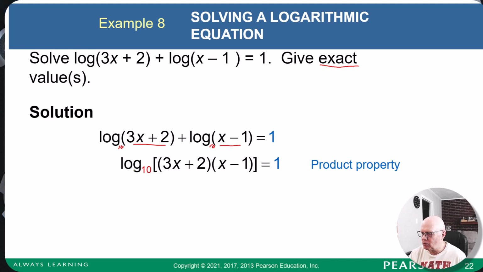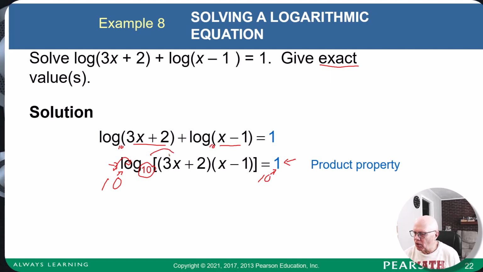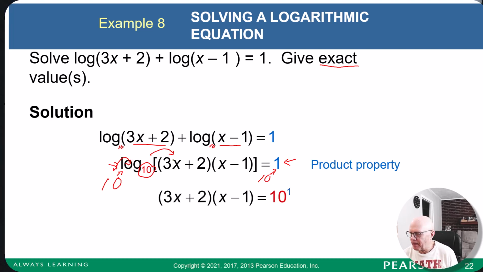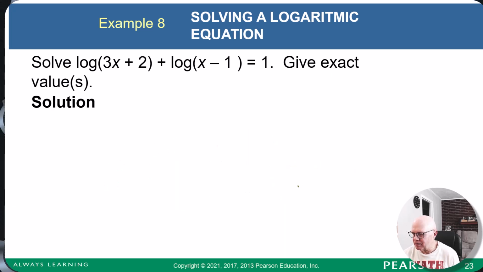Now we'll use both this and this as exponents of what? 10, of course. So 10 to this power and 10 to this power. Of course, these two are inverse operations, so you end up with what's inside. And on the other side, 10 to the first power, 10 of course.